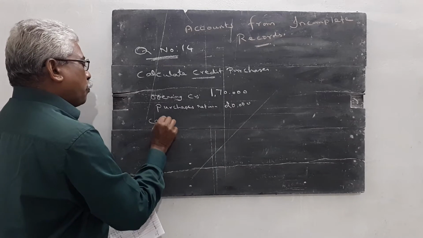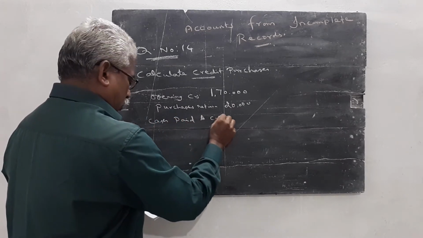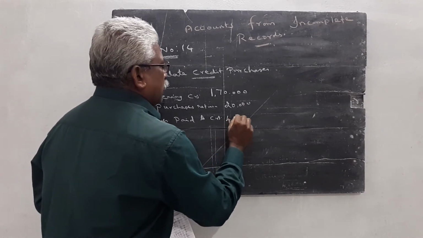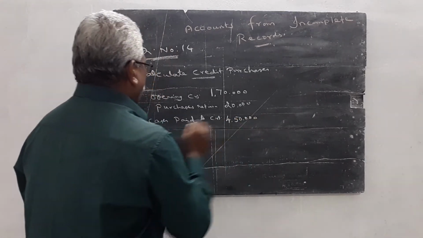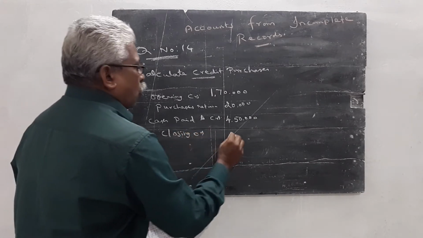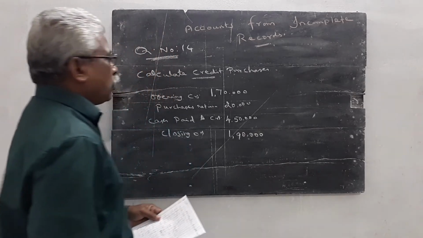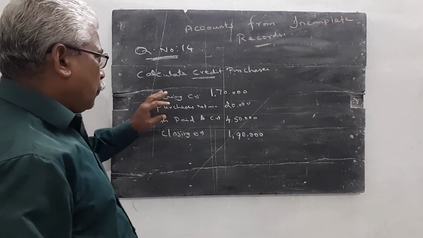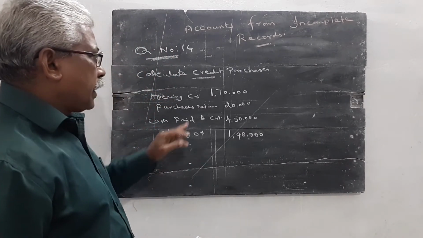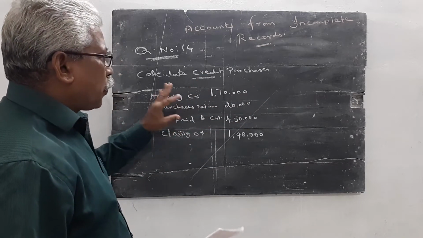Cash paid to creditors 4,50,000. Closing creditors 1,90,000. Simple question.